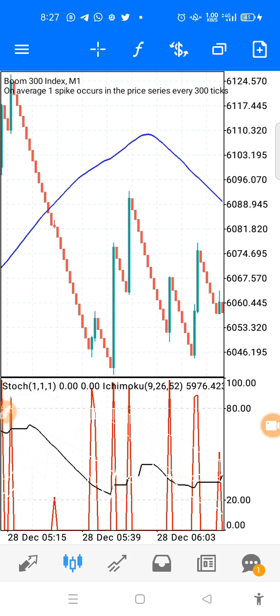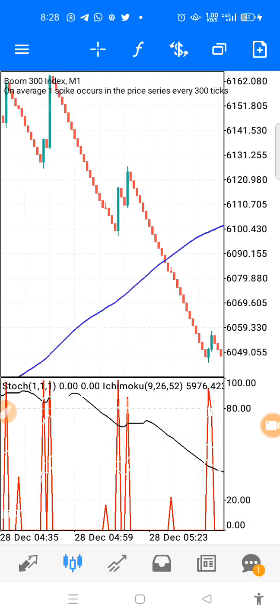Okay, so now there is another thing. That is why, if you notice, I did not mention the ichimoku, the black line that is on indicator window 1. Now, how will you use the ichimoku? Ichimoku is actually meant for you to hold a position for long, so that you don't just open and quickly close.